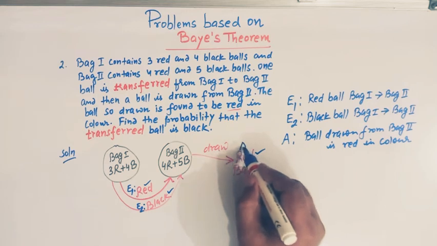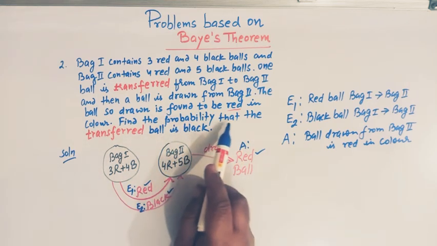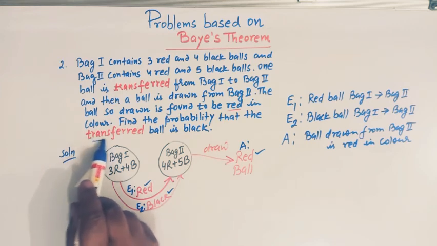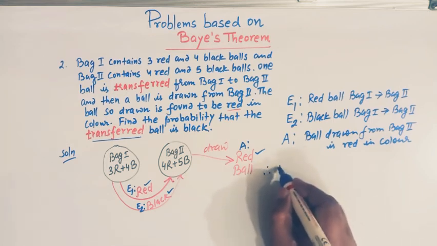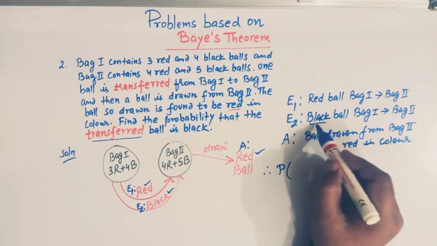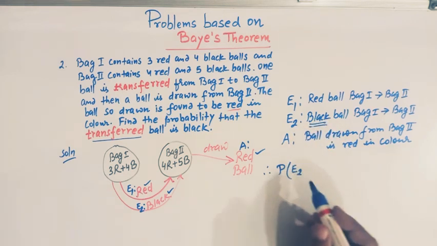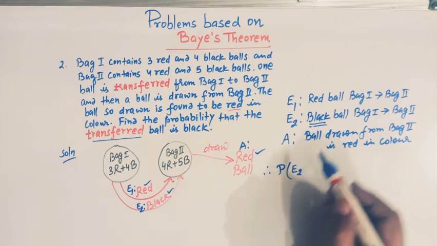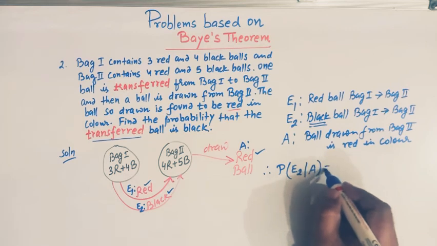So this is event A. Now we have to find the probability that the transferred ball is black. So we have to find the conditional probability of event E2 when A has happened.